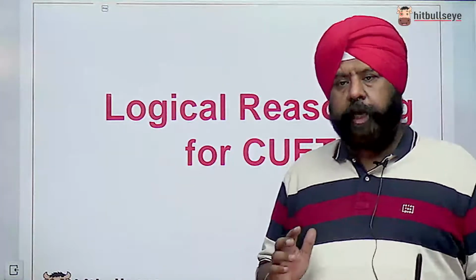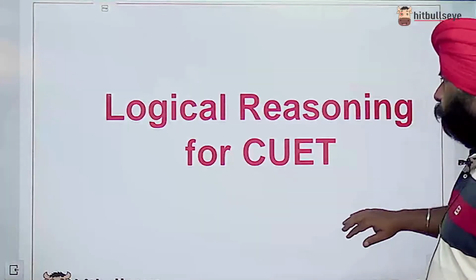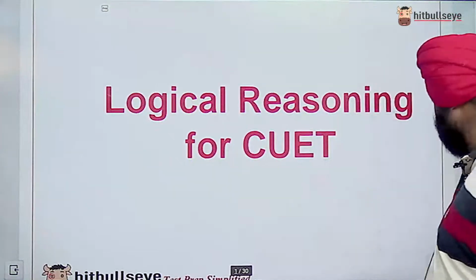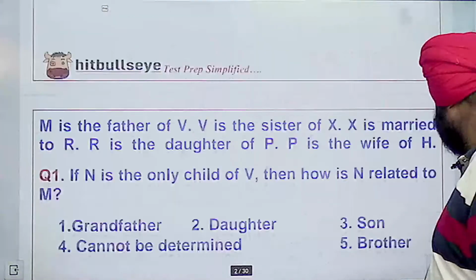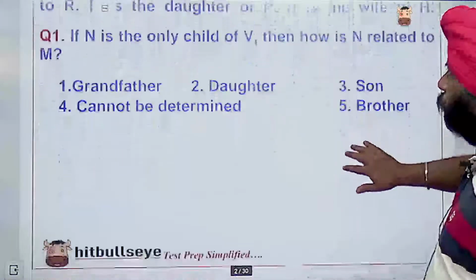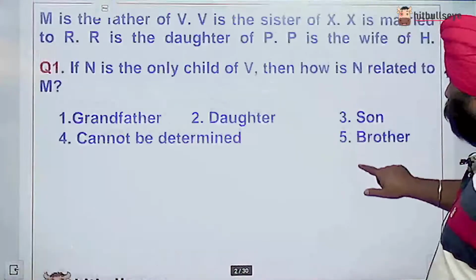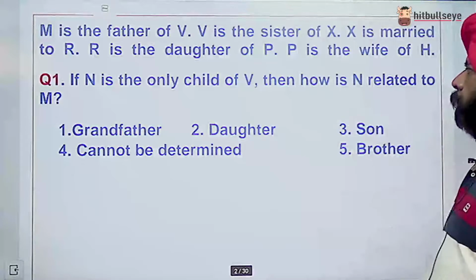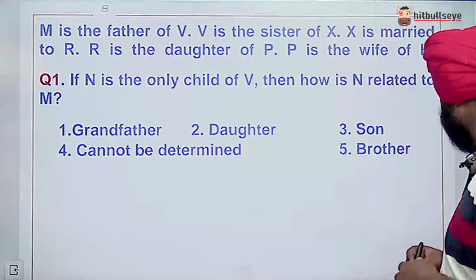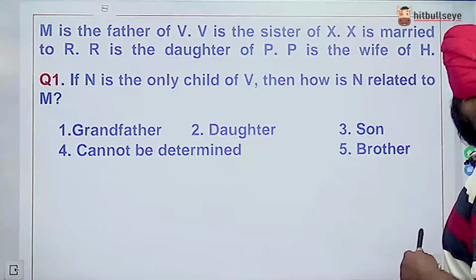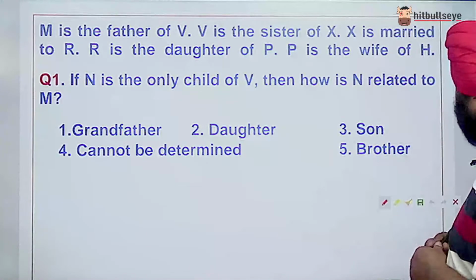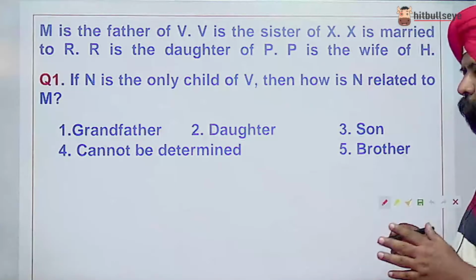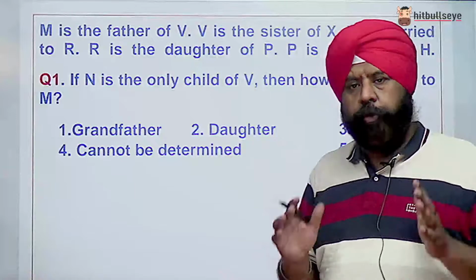So the first type that we are going to cover is the question on blood relation, a very popular type. Before starting this question, I would like to make you familiar with a few of the notations.